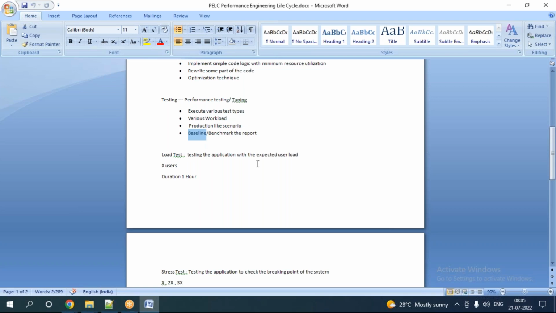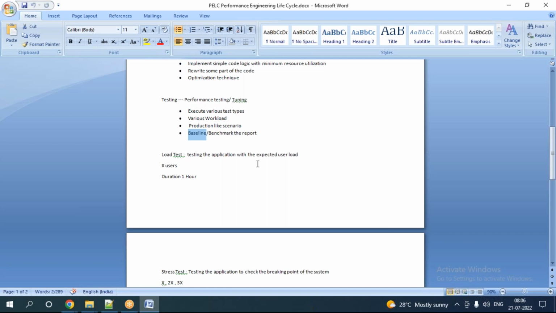Can anybody say what is baseline and what is benchmark? If the application is new and we don't have any existing test results, we will start with a single user or single iteration.